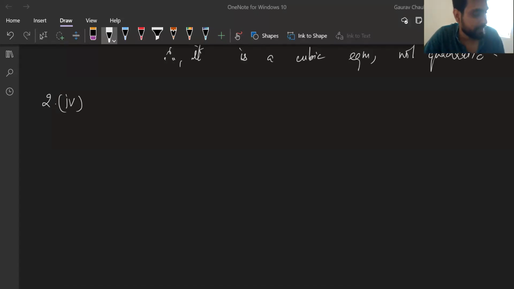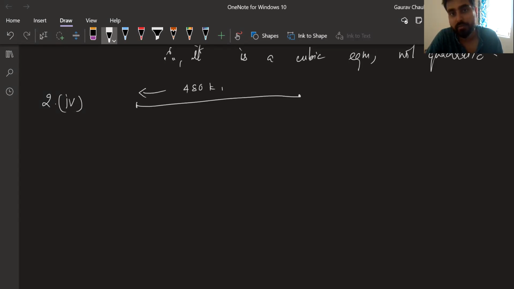So the fourth one of question 2: a train travels a distance of 480 kilometers at a uniform speed. I'm just going to draw a diagram. That's the best thing to do at the beginning. The total distance traveled is 480 kilometers.